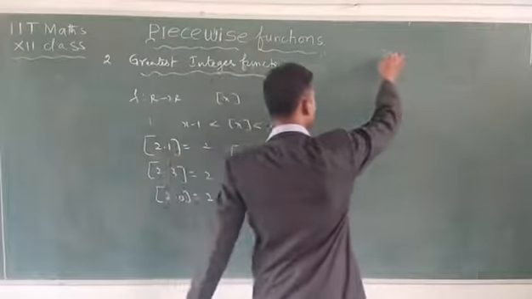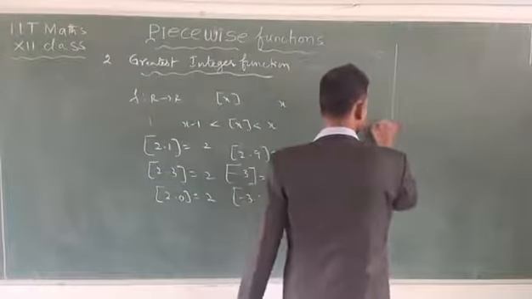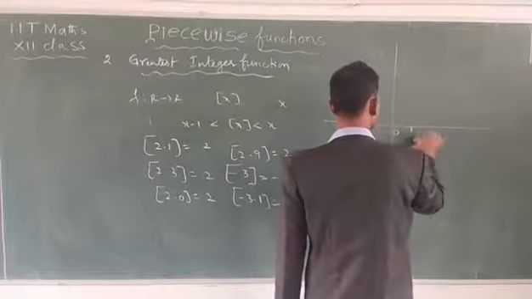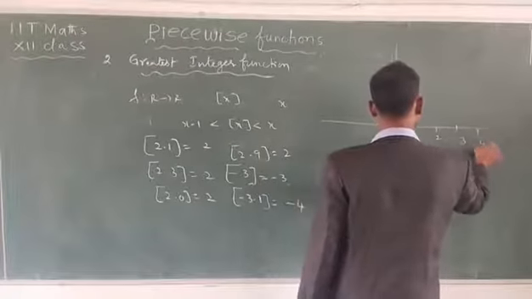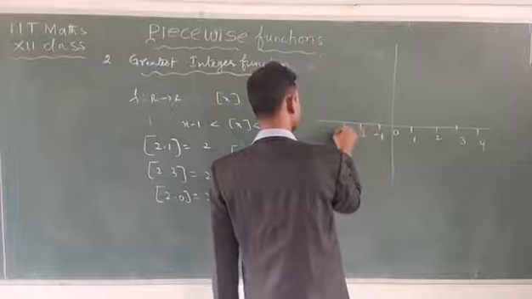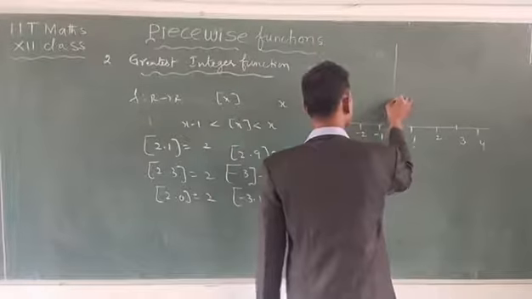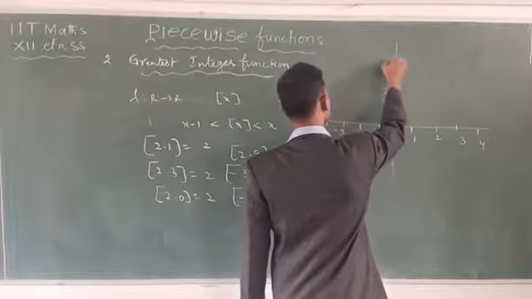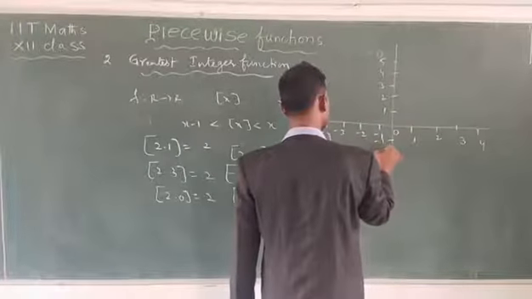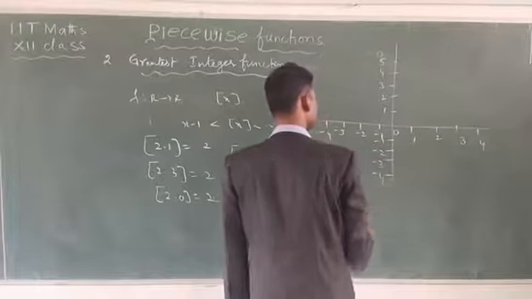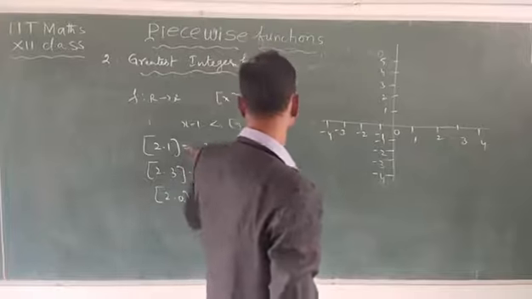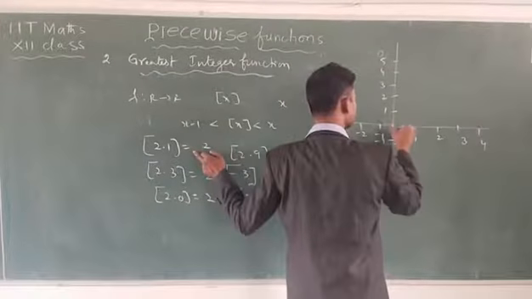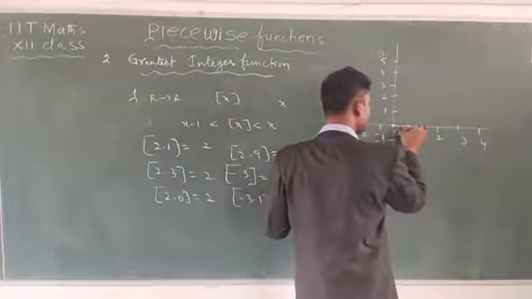Now you have to draw the graph. Here this is 0, 1, 2, 3, 4, minus 1, minus 2, minus 3, minus 4. Now step of 0 is equal to 0 up to 0.9 only.